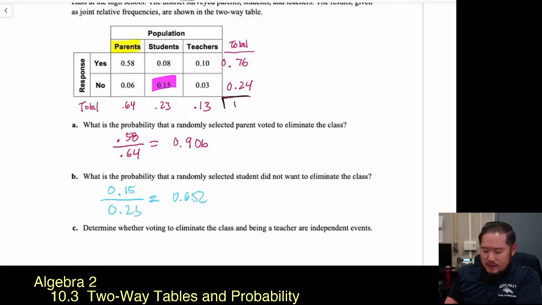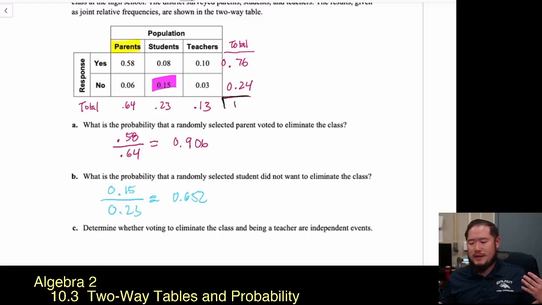Now the last thing in C is determine whether voting to eliminate the class and being a teacher are independent events. Now remember, we talked about events that are dependent and independent. Does one outcome affect the other? I don't know, what do you think?